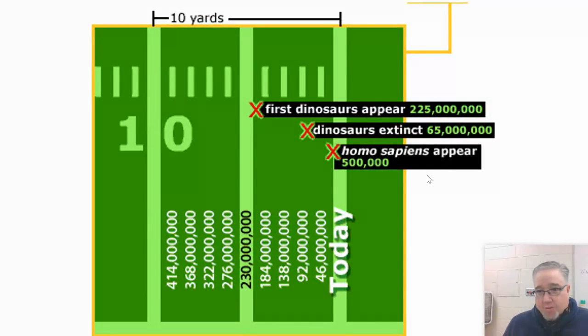Human beings, Homo sapiens, did not appear on this planet until you get inside the 1 yard line of the other side of the field. So imagine, you would have to walk 99 and a half yards or so, which is almost 4.5 billion years of time, until humans even existed on this Earth. This class is partially all about the impact that humans have on our planet.